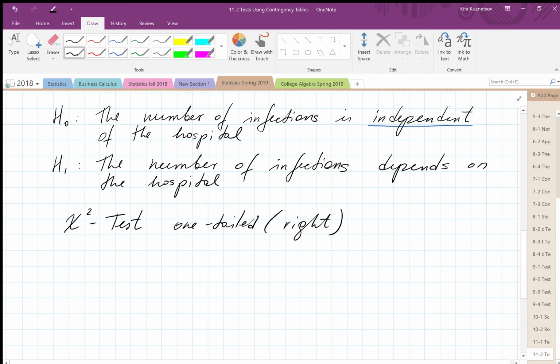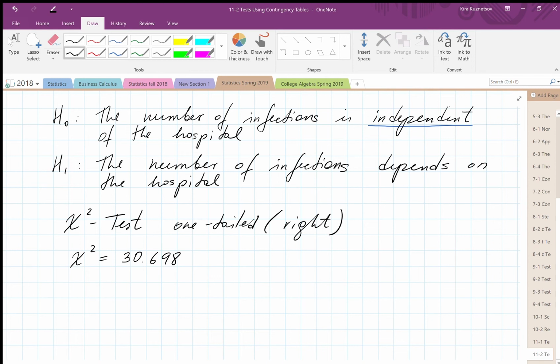So if you run through all of the calculations, according to the book, the chi-square test statistic came out to be 30.698. You can then calculate the p-value, and in order to get the p-value, you actually need to know the degree of freedom.